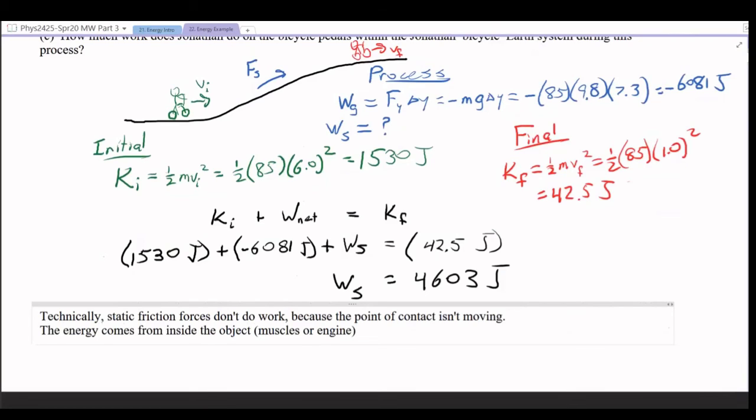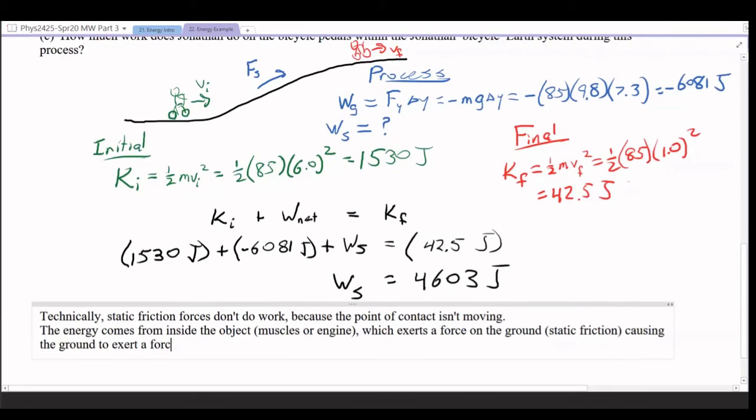People have muscles, cars have engines, and that exerts a force which causes the ground to exert a force back, which is also the static friction force.